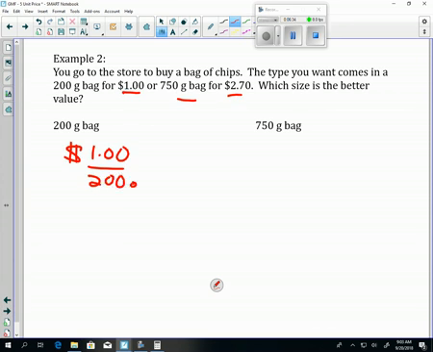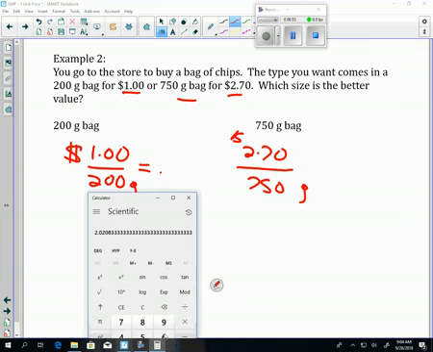$1 over 200 grams. Over here, $2.70 divided by 750 grams. To find the unit price, we're going to divide that. I'll show you on the calculator. Some of these numbers you can do in your head.